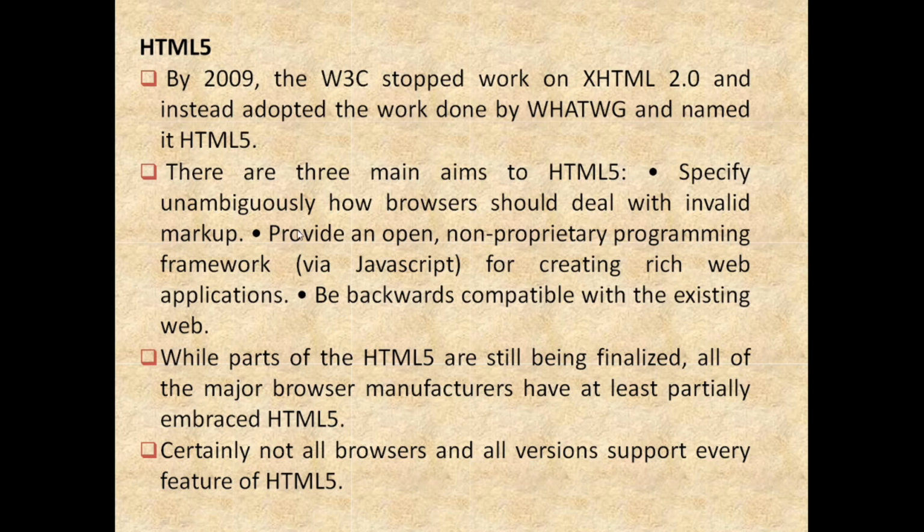That means if a person has written a web page with invalid syntax, the browser should inform the user that this part of the coding is not correct. The browser should clearly say what is wrong with that web page, so that clarity is brought out by the browsers.